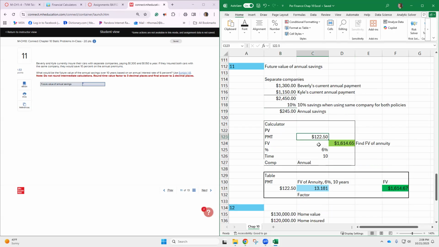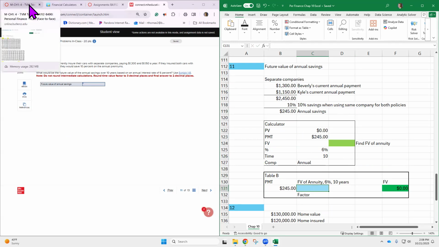Okay, we're going to put that in as a payment. The zero there, and I'm going to try this with the calculator, and interest is 6% for 10 years. So this is going to be table B, which is your future value of an annuity. Okay, so the payment equals the 245.